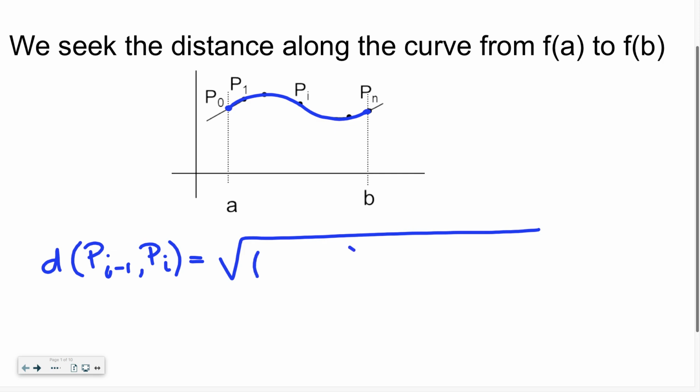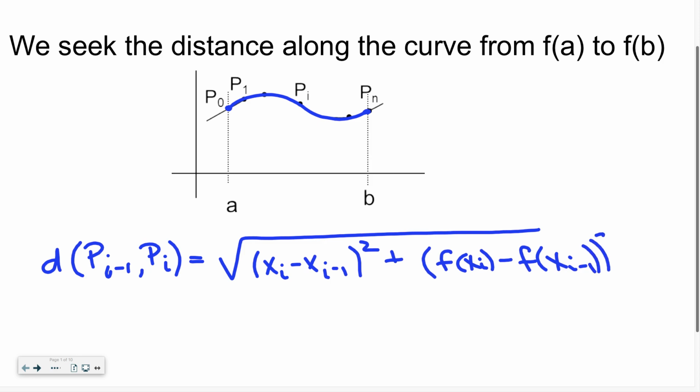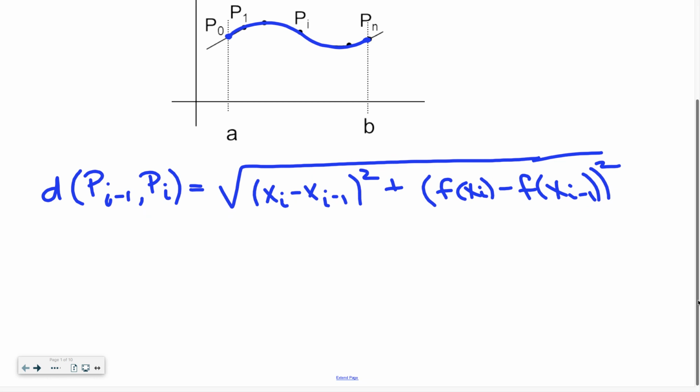We take the difference in our x's squared plus the difference in our y's squared, and then take the square root.